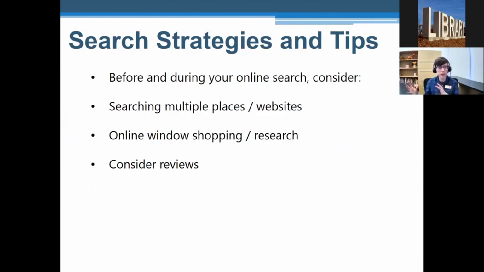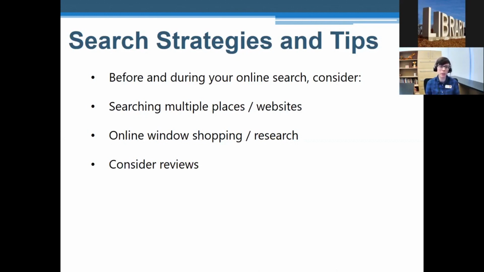Maybe there's different prices on different sites. Maybe there's different models and colors. So searching multiple places will help you narrow down what it is that you want and where you want to buy. I like to think of it as online window shopping. You're just going around seeing what the best deal is, like you would if you were driving around town and shopping for something that way.